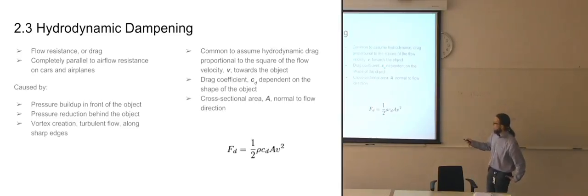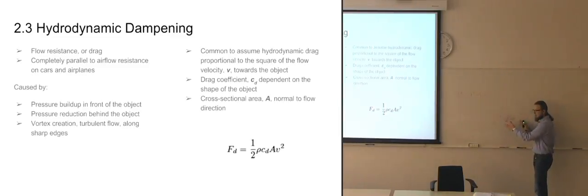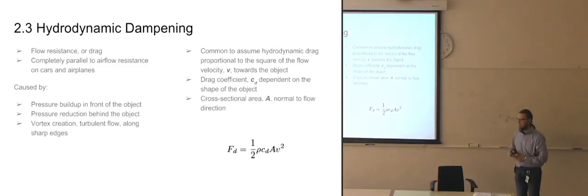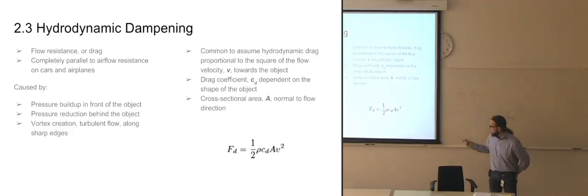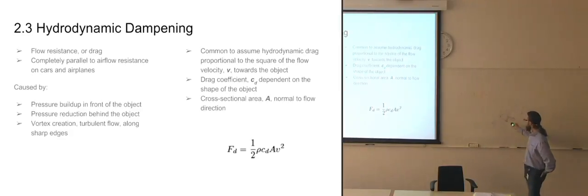So by having all of these, the drag coefficient we usually get from a table. So we look at the basic shape of the ROV, and we look in a table to figure out what kind of coefficient to put in there. And the density we will of course know already because it's seawater. And the cross-sectional area is fairly easy to calculate also.